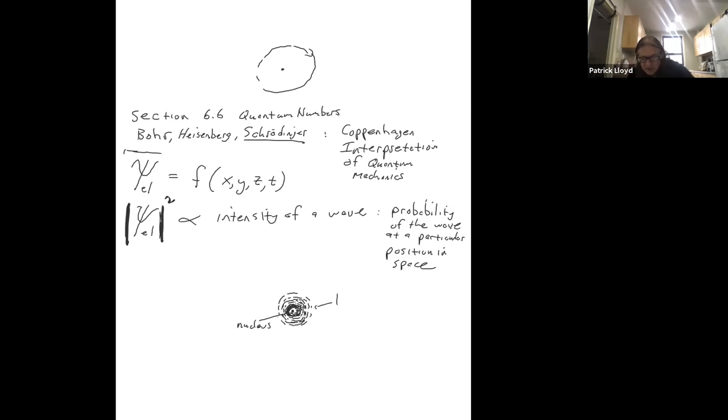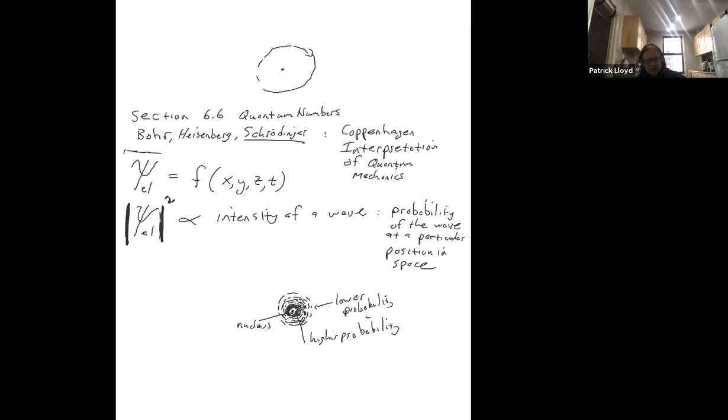This is lower probability, and in here is higher probability. Now, am I breaking any rules, the Heisenberg uncertainty principle? No, I'm not saying it's anywhere in particular. I'm just saying there's a probability distribution. So it really gets down to statistics, and that psi function ends up being a statistical type of calculation.